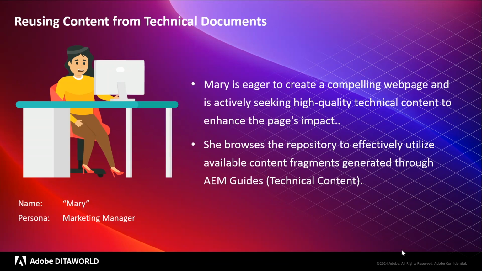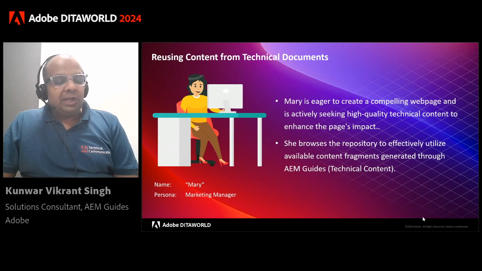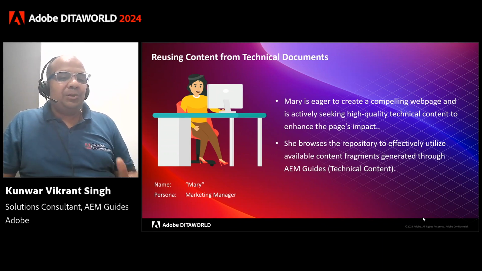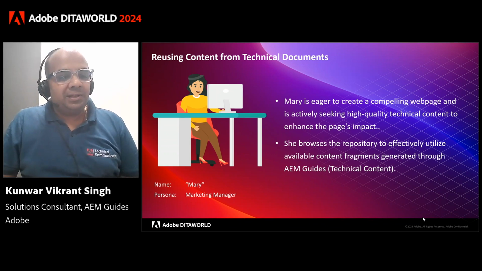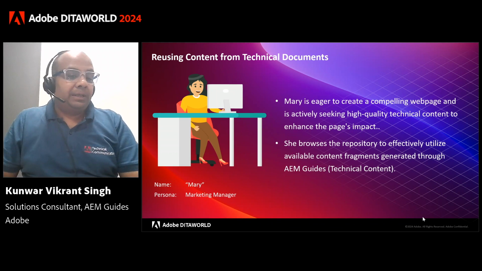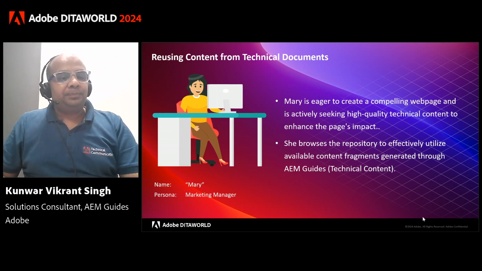She's eager to create compelling web pages and is actively seeking high-quality technical content to enhance the page impact. She browses the repository to utilize available content fragments generated through AEM Guides. This is the same repository which Tracy has used to publish her content fragments, enhancing the level of collaboration between the technical authors and the marketing manager.